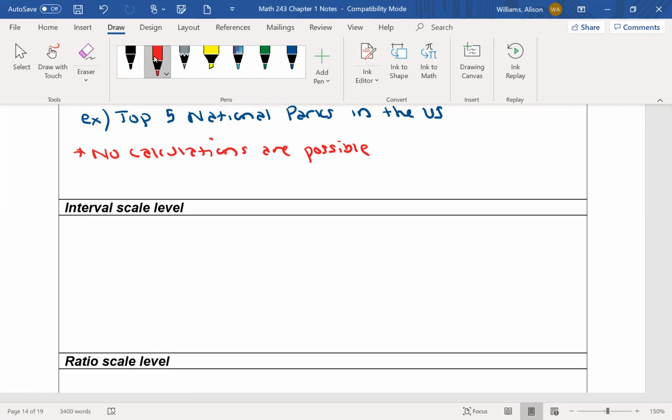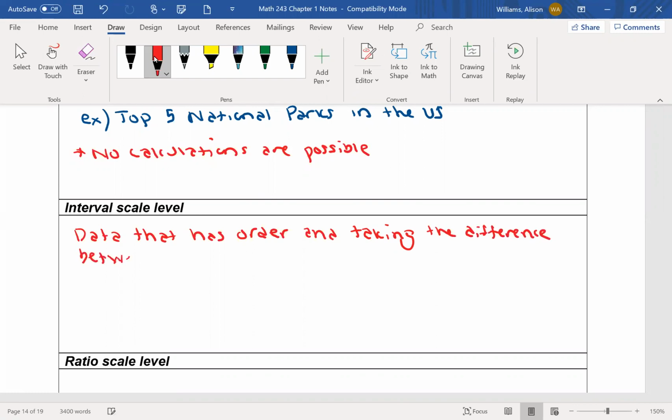So interval data is data that has order, and taking the difference between data values has meaning, or maybe I should say is possible. So we're finally looking at numerical data. Now, there is one important thing to say about this data.